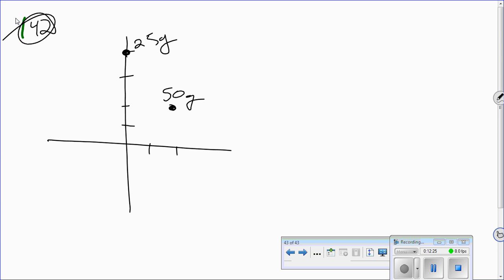At x equals -3 and y equals -3, we've got another 25. Oh, it's negative 25 grams. What am I doing? Sorry about that. And then 30 grams at -2, 4. 30 grams is up here.